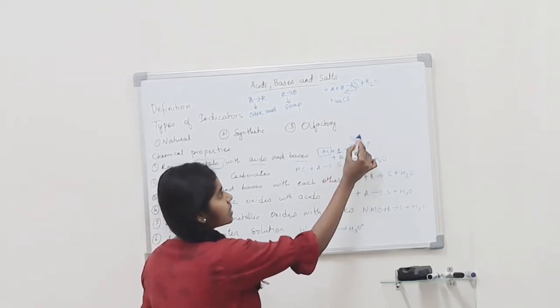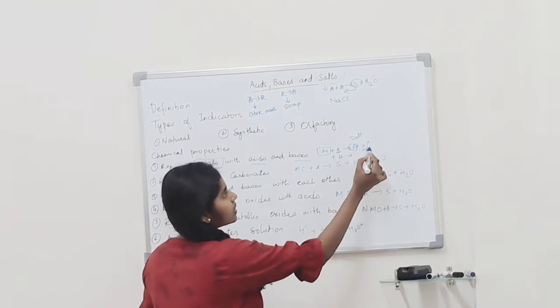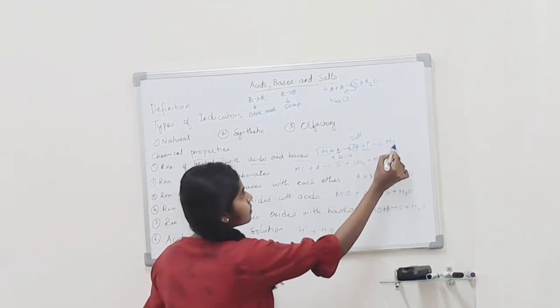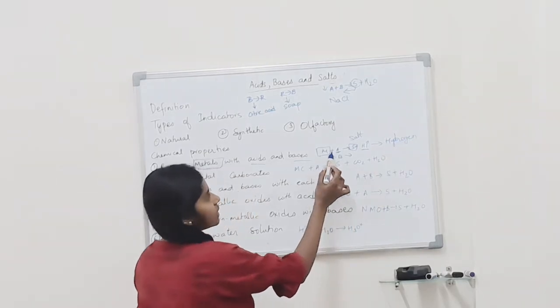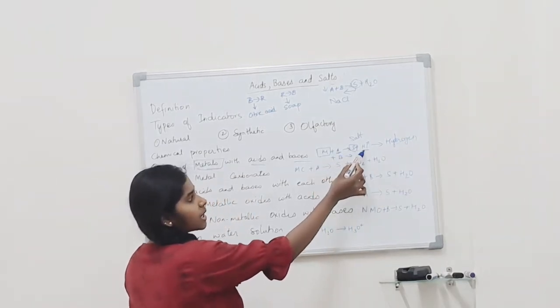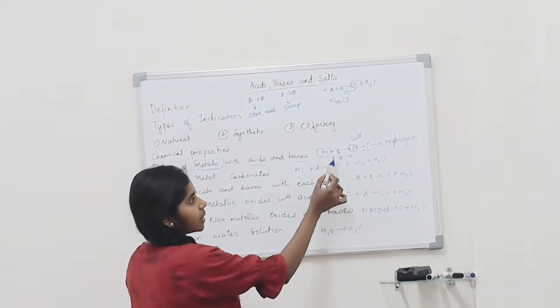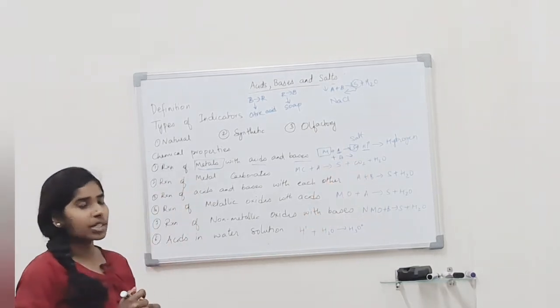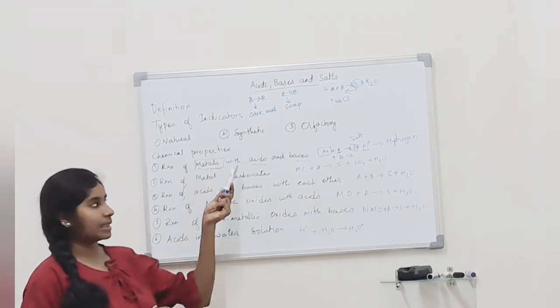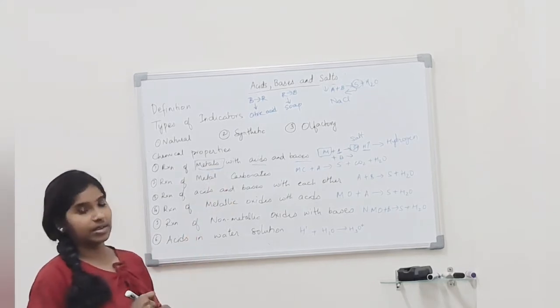S means it is a salt molecule and this is your hydrogen. So metal plus acid gives you salt plus hydrogen. And then metal plus base gives you salt plus hydrogen. This is a chemical reaction that happens between metals and acids and bases.